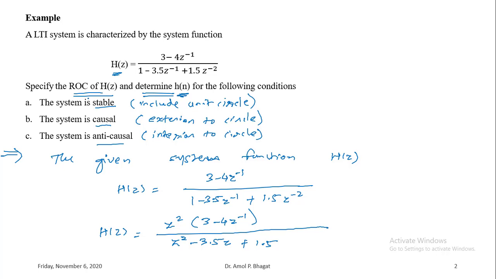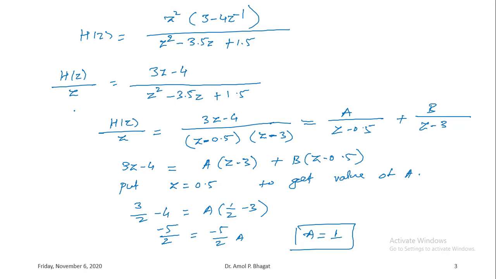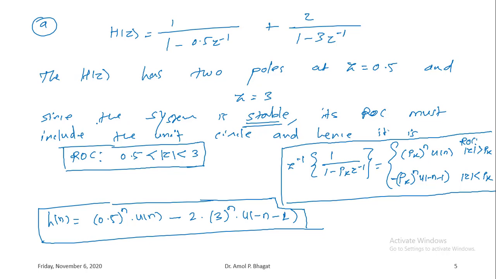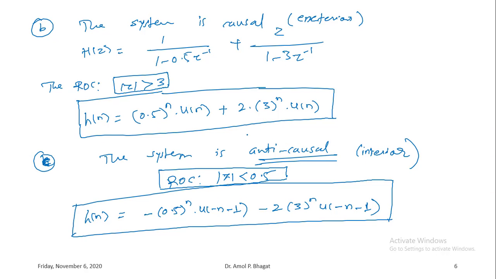So the ROC includes the unit circle, or it may be exterior to the circle, or it may be interior to the circle, depending on whether the system is stable, causal, or anti-causal. Initially we applied partial fraction expansion to get this particular form where we can directly apply the inverse Z transform to these terms, but the inverse Z transforms are identified by using the ROC condition depending on whether the system is stable, causal, or anti-causal.